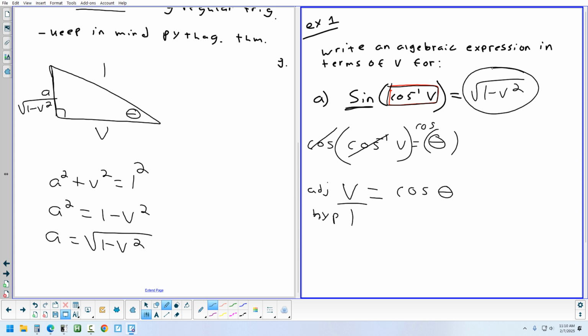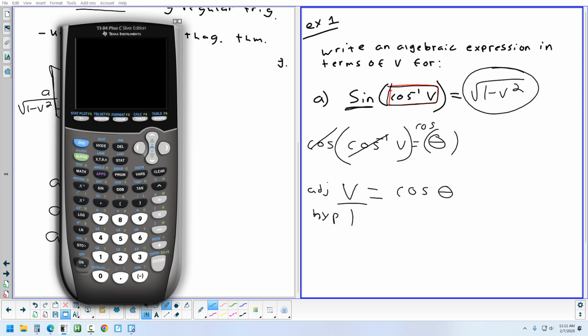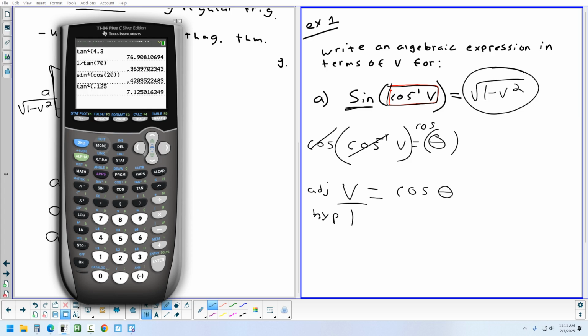And let me show you, if you type in a number for v, how that would work. Let's type in 0.6. Let's do the sine of the inverse cosine of 0.6. Okay, and I'm going to do this in radians. Hit enter, and I get 0.8.